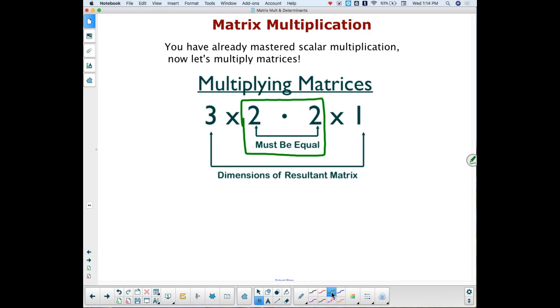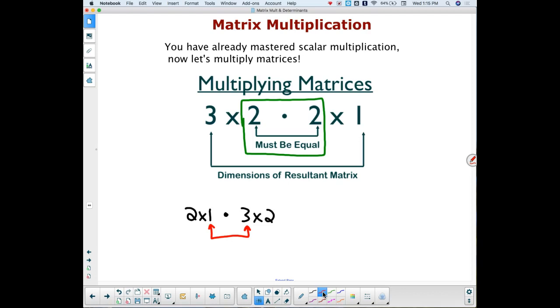So I can multiply them if I multiply them in this order. If I switch the order, if I went 2 by 1 times a 3 by 2 matrix, now these middle two numbers are not the same, and therefore I cannot multiply those two matrices together. Order matters in matrices.